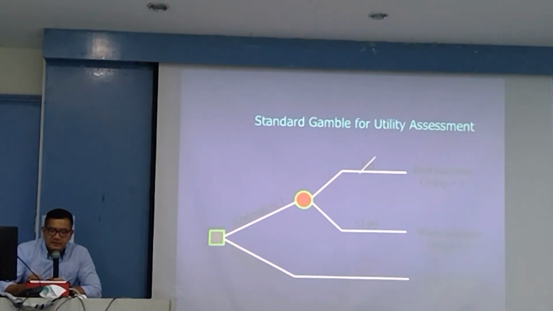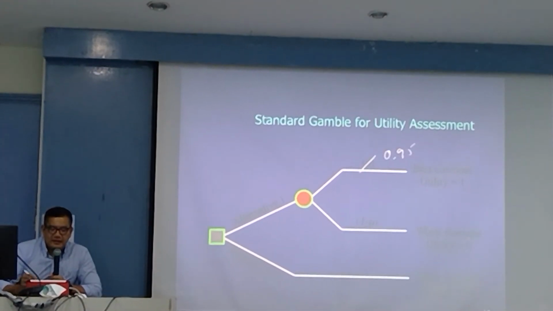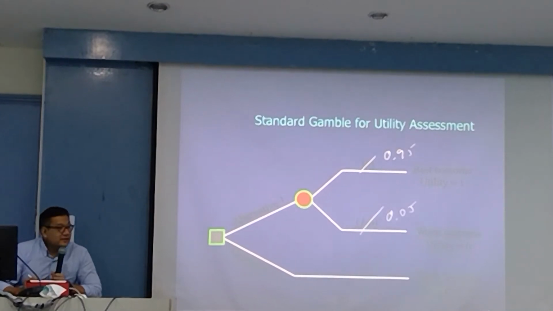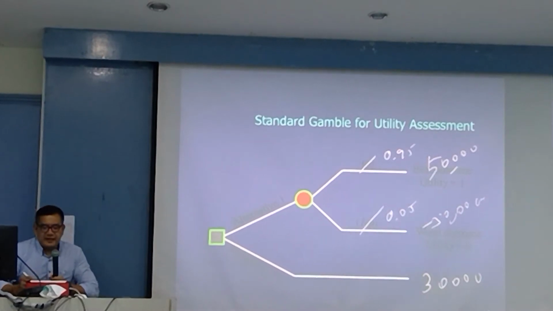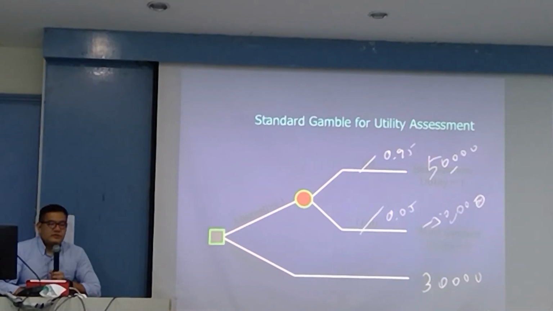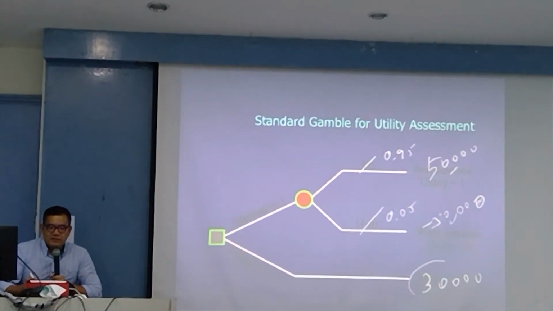If you let this probability be 0.95 and this one be 0.05, you feel that the money of 30,000 and getting 50,000 here and minus 50,000 here is the same. So you can find the utility value for 30,000.